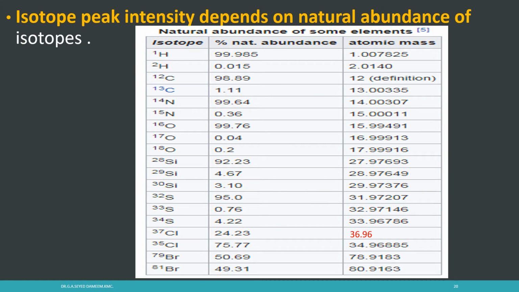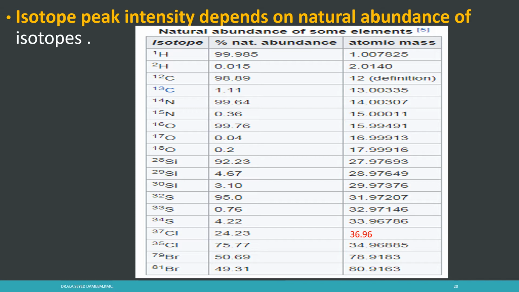Now, the isotopic intensity depends on the natural abundance of isotopes. If the isotope exists in larger amount, the intensity of the isotopic peak is also higher. If the isotope's existence is very small, the intensity of the isotopic peak is also very low.